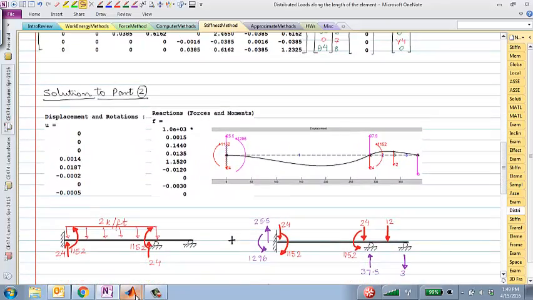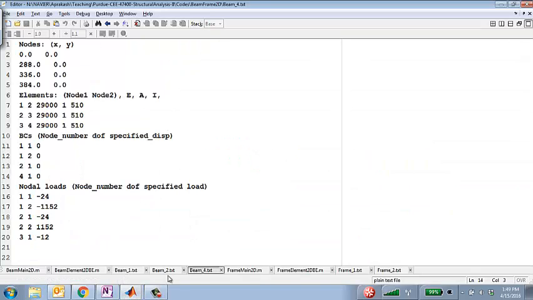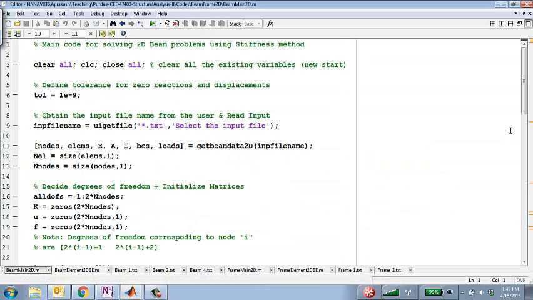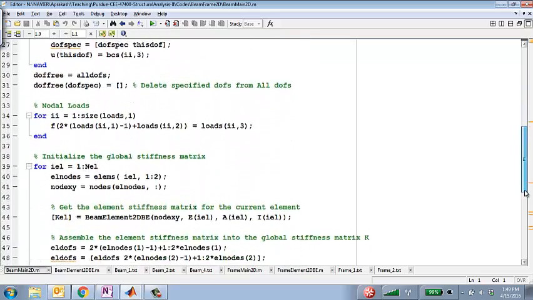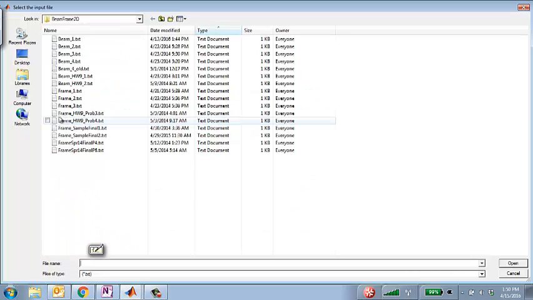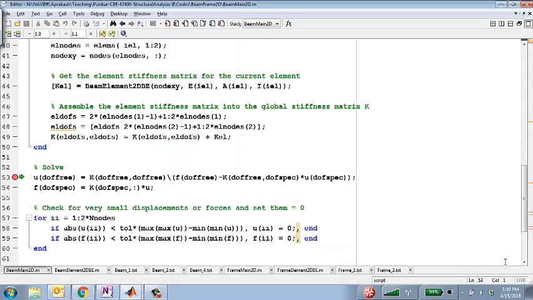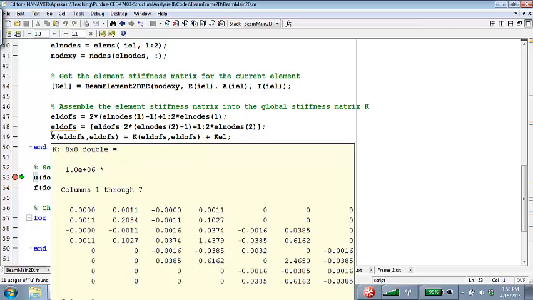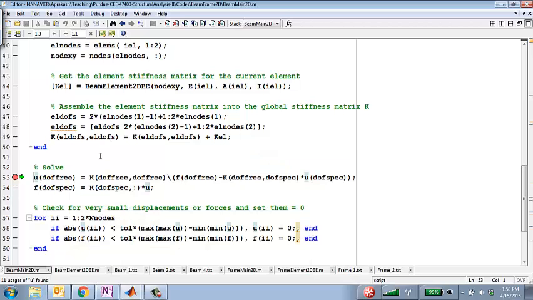If you run through the MATLAB code, let me place a breakpoint at the solve line, and if I run it, open the beam 4 input file for this problem, it's already computed K global stiffness matrix, 8 cross 8 double. By the way, double means double precision.